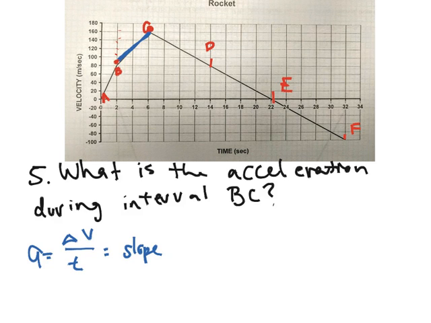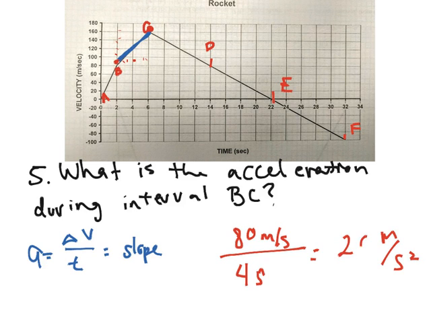So our velocity change is 80 meters per second, over our change in time. We started at 2 and go over to 6, so that's 6 minus 2, which gives us 4 seconds. Remember, include your units, because now we have seconds on the bottom, so our units are going to be meters per second squared. Then you do 80 divided by 4, which gives you 20 meters per second squared.